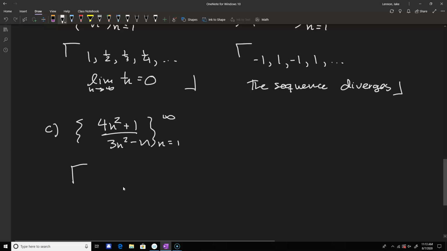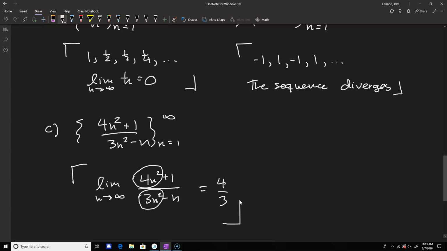We also recently did L'Hopital's rule, so we could use L'Hopital's rule for this. But again, if we looked at the limit of this closed form here, all we have to look at is essentially the dominating terms, so the coefficient of 4n squared and the coefficient of the 3n squared are all that matters, so this limit goes to 4 over 3. So that would be the limit of our sequence there. As the numbers get larger, the plus 1 on top and the minus n on bottom become significantly less important.